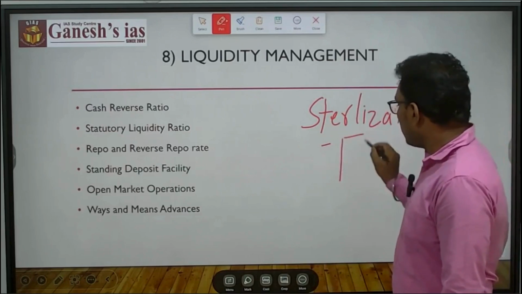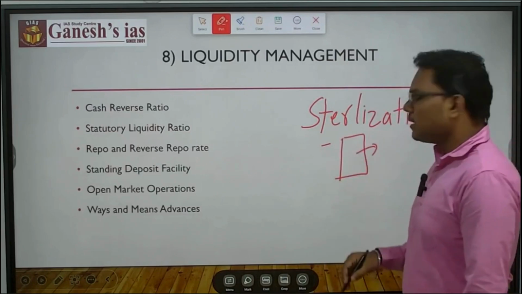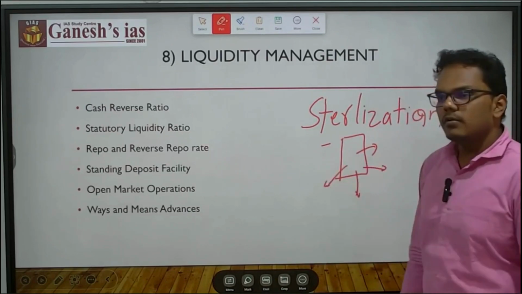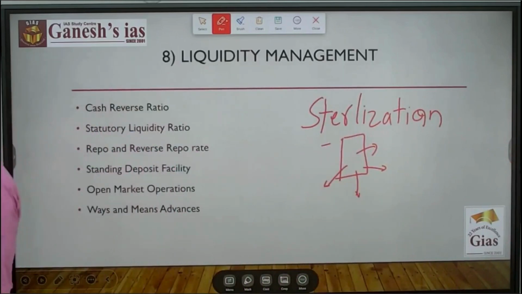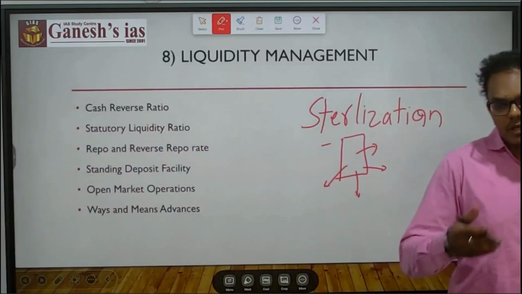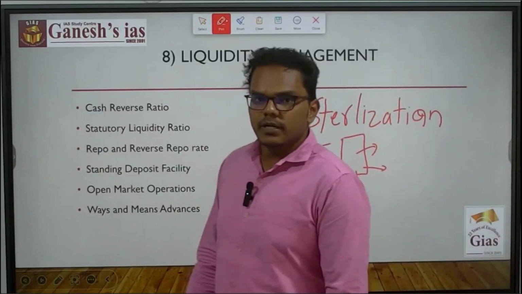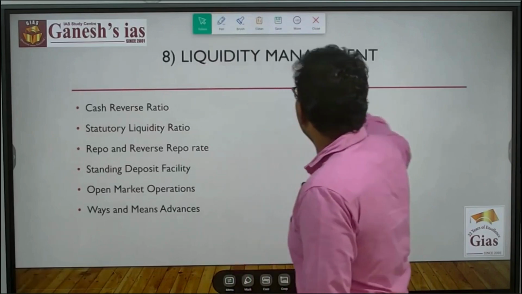You segregate that money separately, issue bonds against it, and periodically release this money into the economy instead of a single bunch of money being released. You just hold it in reserve and release it slowly, so that your economy is protected from liquidity shocks. So that's sterilization.